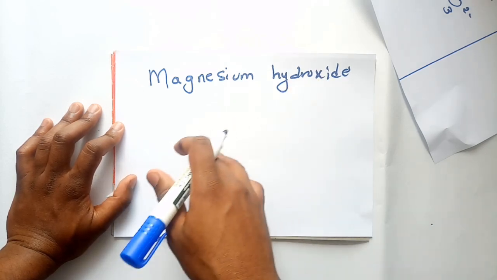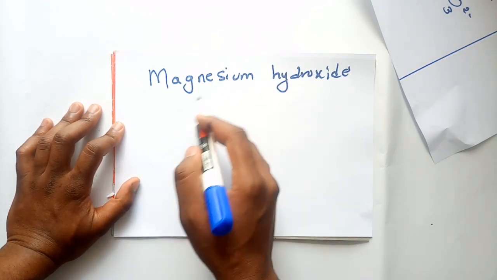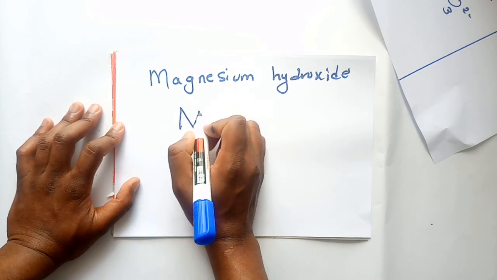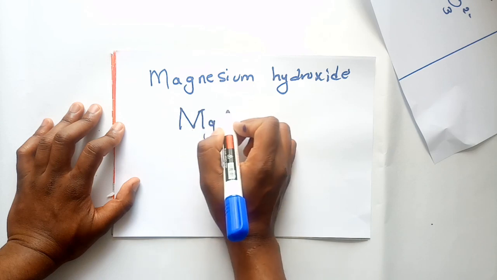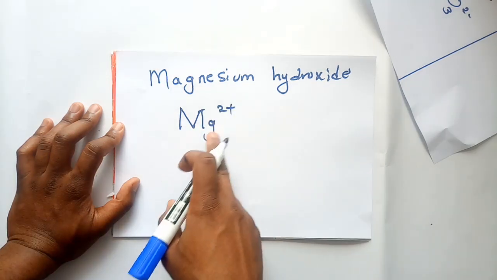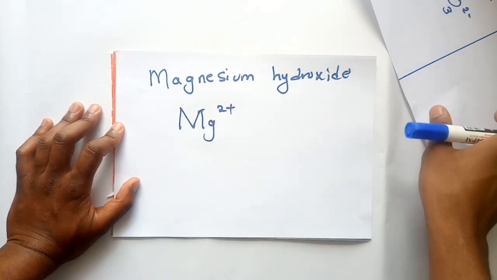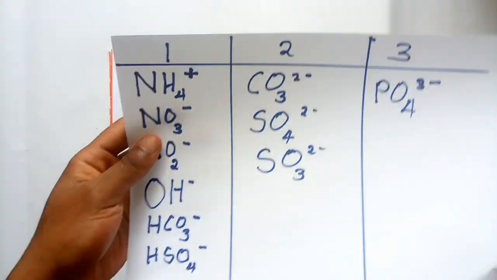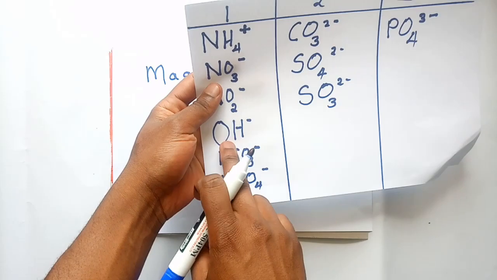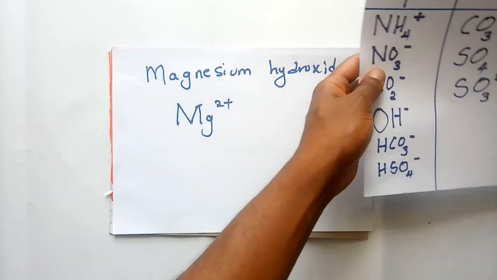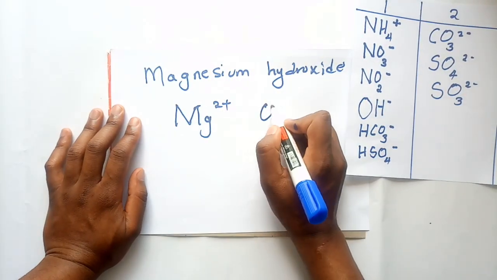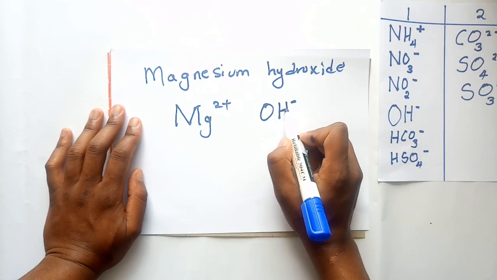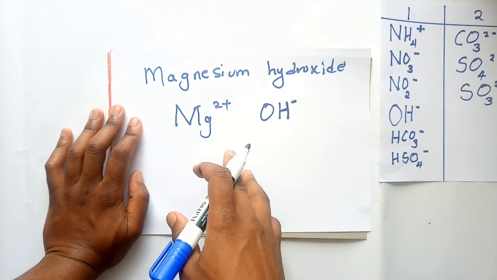In fact, you should have fun doing this like I am doing, because this one is simply magnesium ion, 2 plus. If you have checked the previous video, it becomes easier. Combining with hydroxide, OH. All you need to know is the charge on these polyatomic ions.